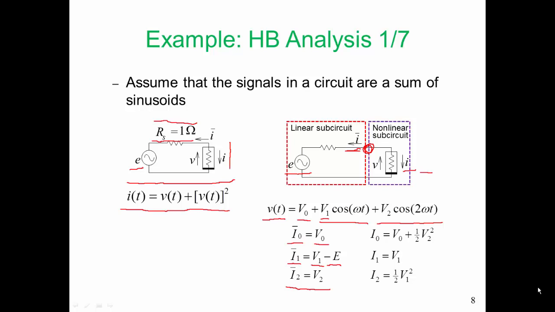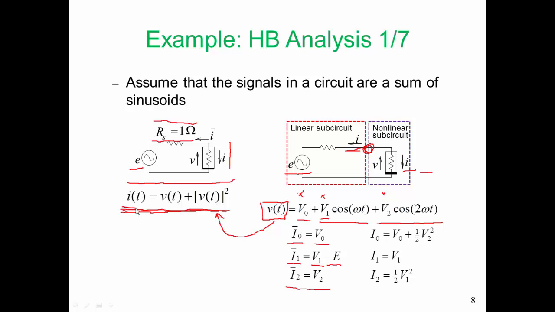Now when we go over to the nonlinear circuit, remember that our nonlinearity is described by this quadratic. So I would substitute for V of t with these 3 discrete tones, V0, V1, V2. So I substitute for V of t into my expression. I expand it out trigonometrically.